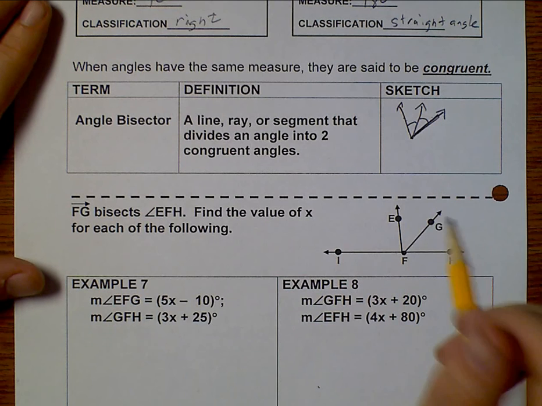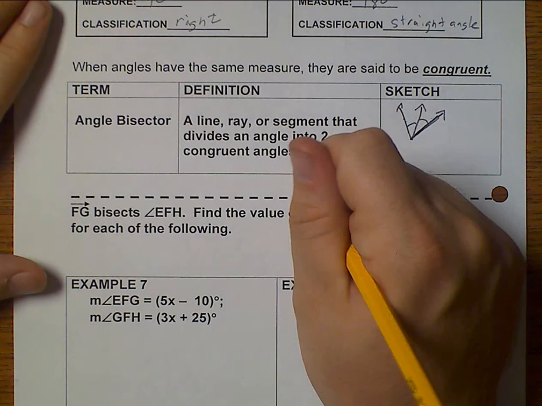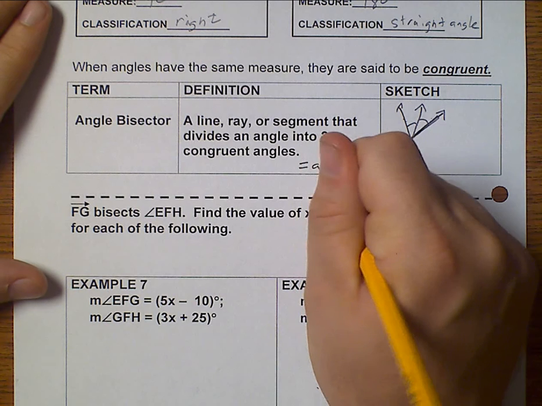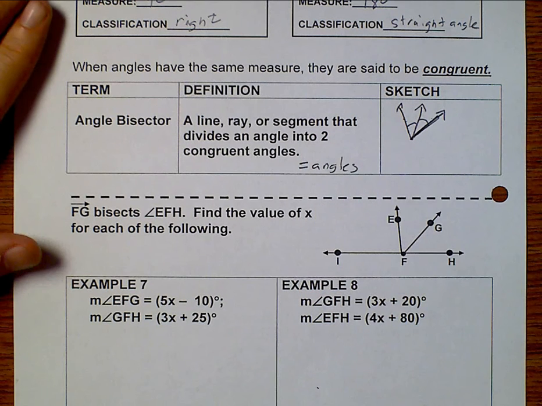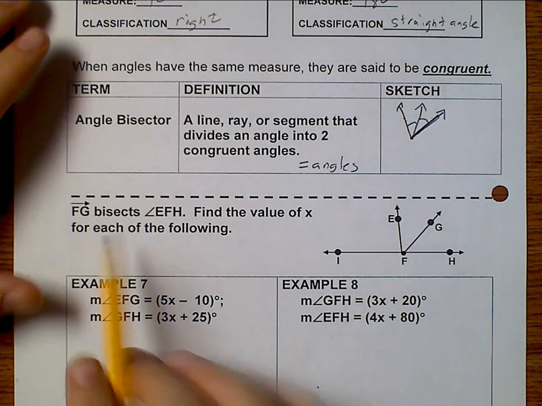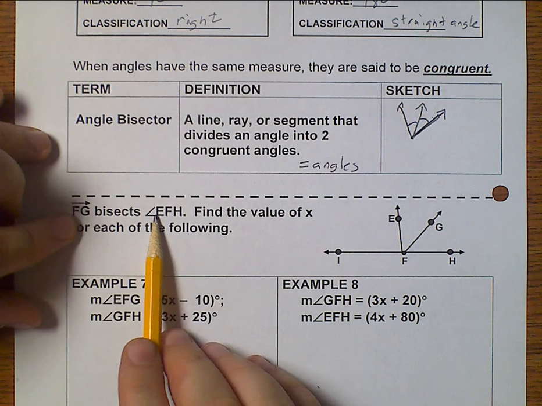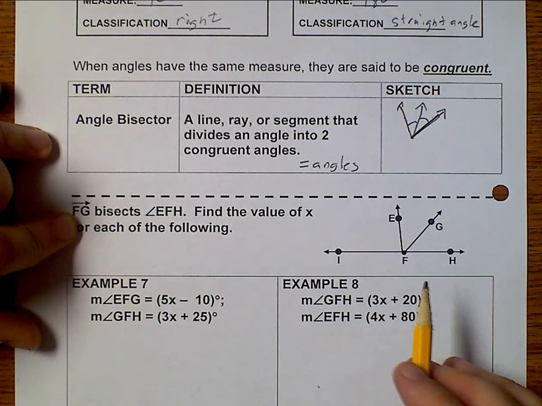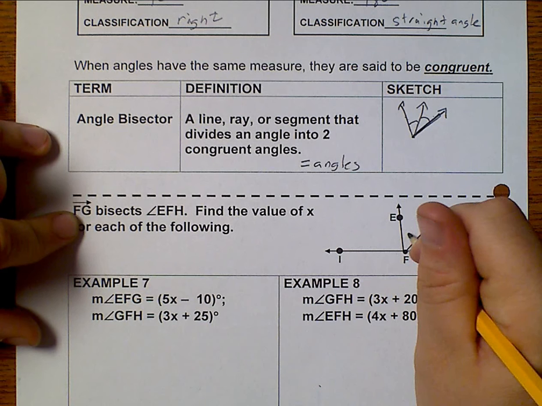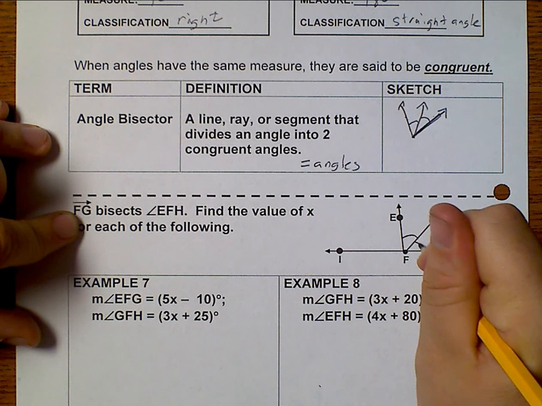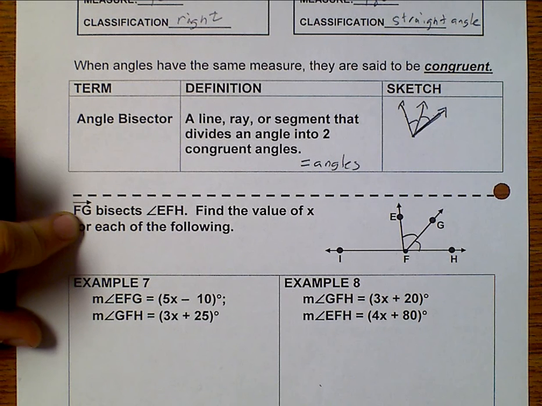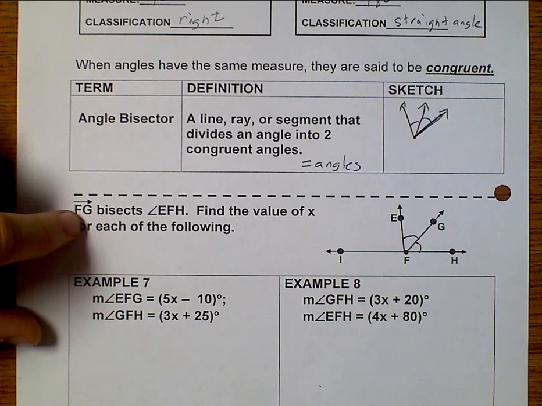Okay? So we look at this, and it says that FG bisects EFH. So that means that this and this are the same size. Now we work with it.